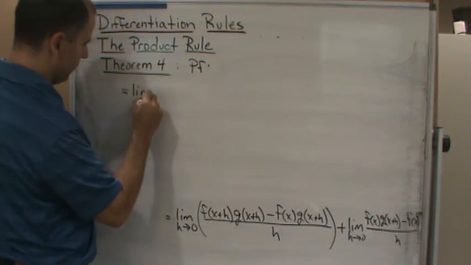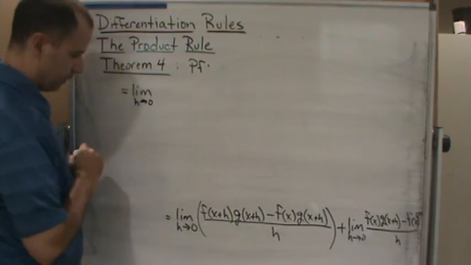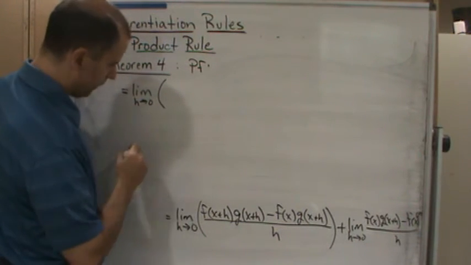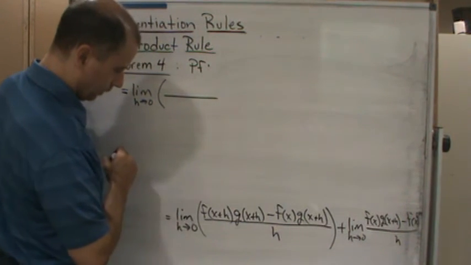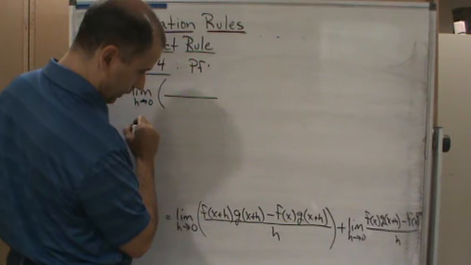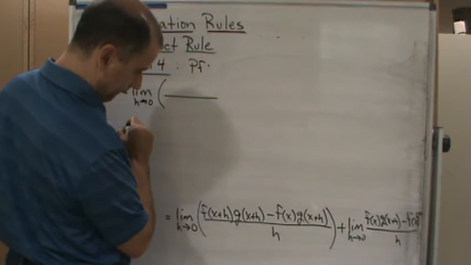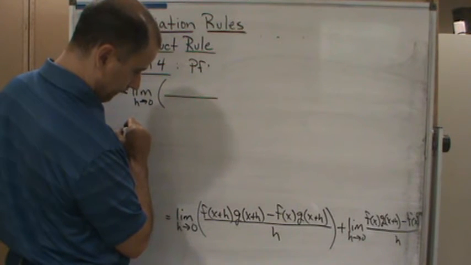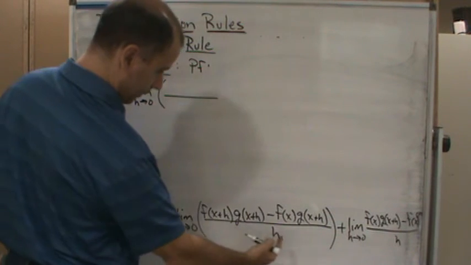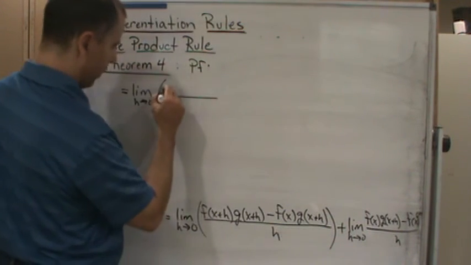So I'm going to get the limit as h approaches 0. And the first one is going to become, the common factor is this one.